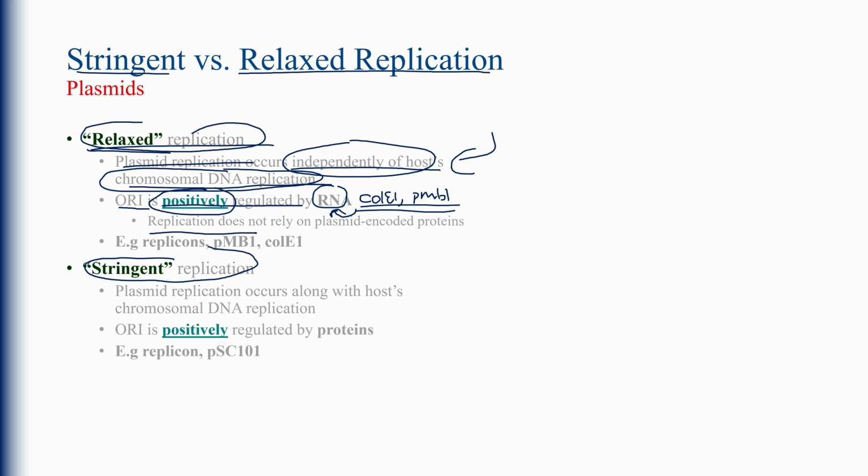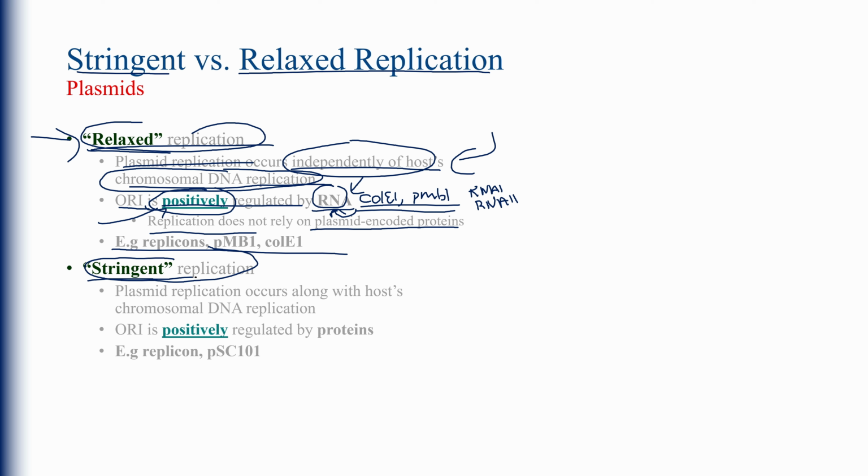So the replication here does not rely on plasmid encoded proteins. It relies on plasmid encoded RNAs, namely RNA1 and RNA2. So these are replicons that have relaxed replication because the origin of replication is positively regulated by an RNA molecule and not a protein.